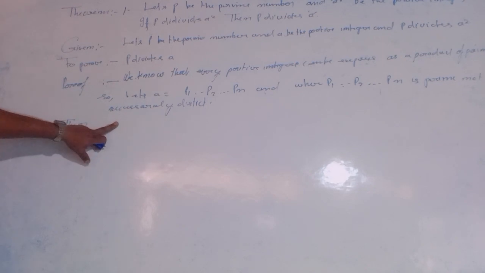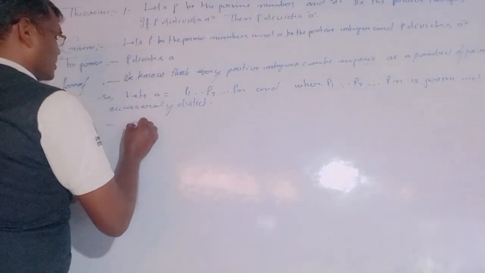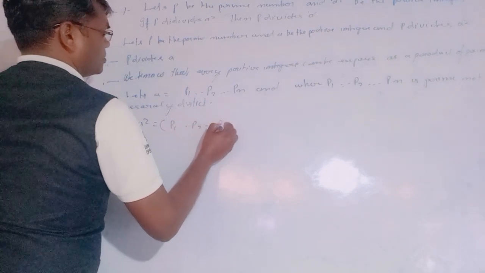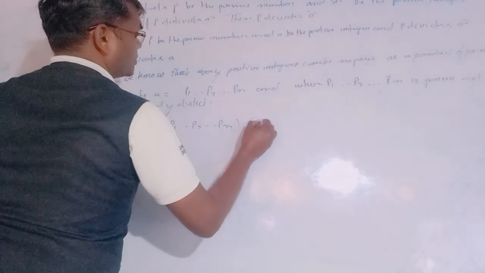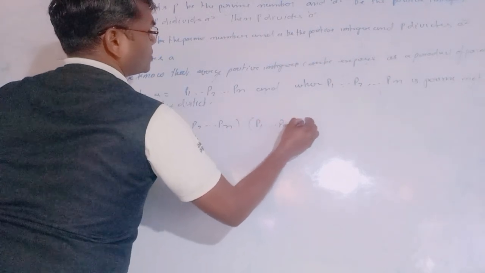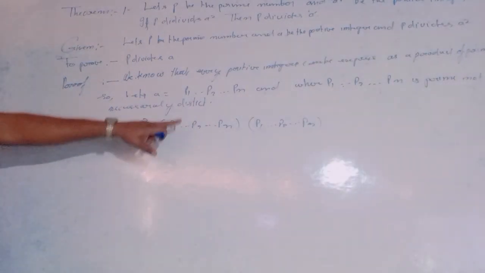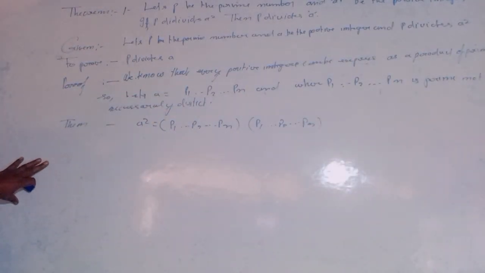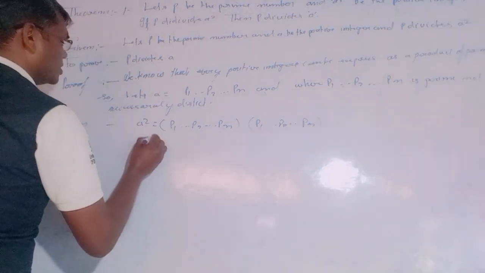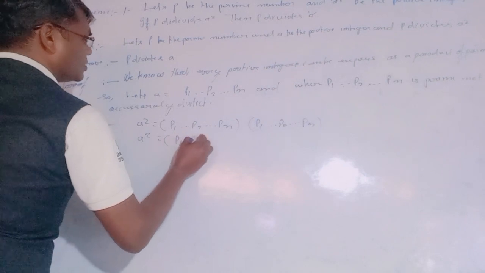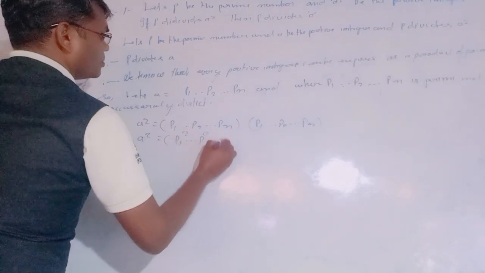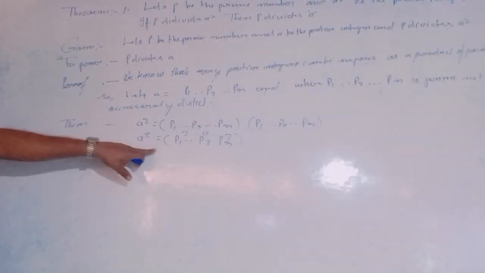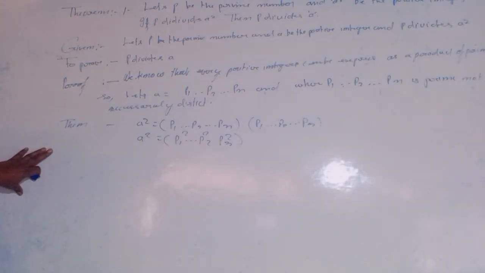Then we can write that a square is equal to p1 p2 pn times p1 p2 pn, since it is a product of the two numbers. So a square is equal to p1 square, p2 square, up to pn square.